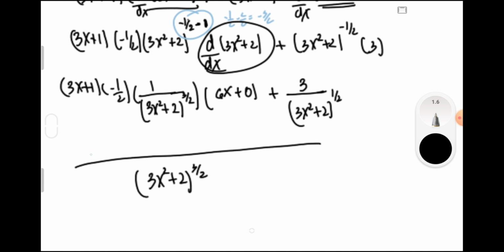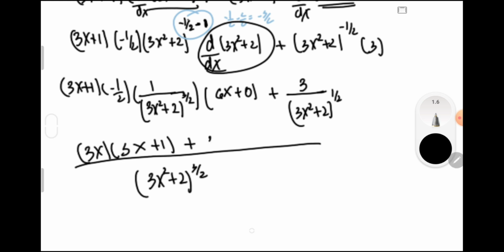So we'll have a value of 3x multiplied by 3x plus 1. Okay? So plus 3x squared plus 2 raised to 3 halves divided by 3x squared plus 2 raised to 1 half. When we divide that, you'll have a value of 3 halves minus 1 half, which is 2 halves, right? So which is equal to 1.